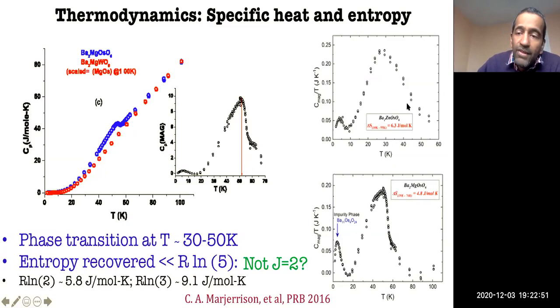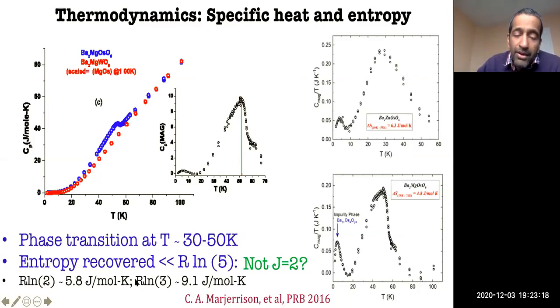It's more on the scale of about 5 to 6 joule per mole Kelvin when you go through this transition out to 2 Tc, which is more like a doublet. Having log 5 would be like 12 joule per mole Kelvin, and here it's half or less.